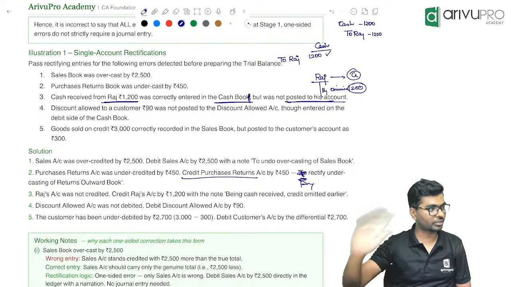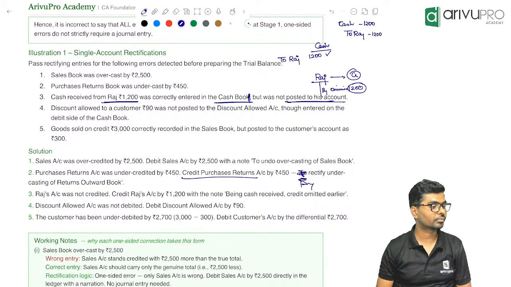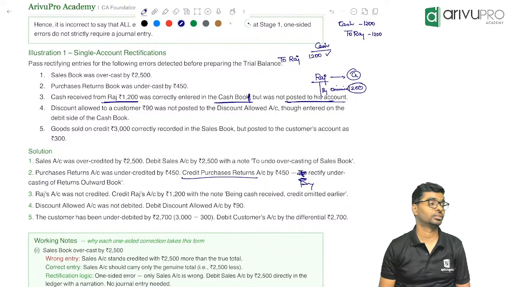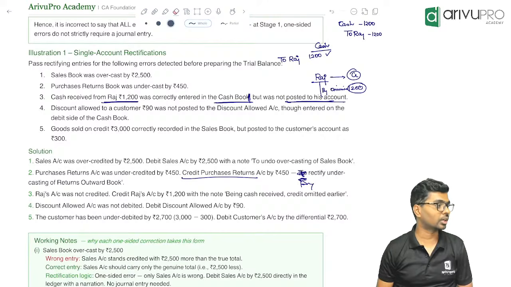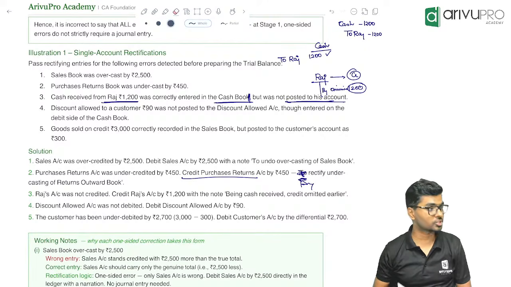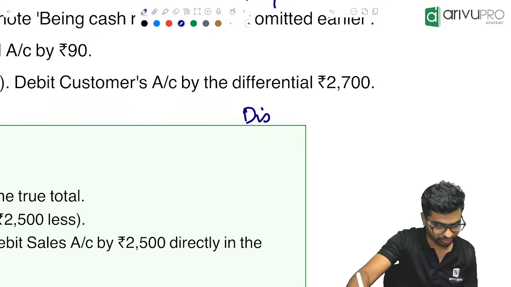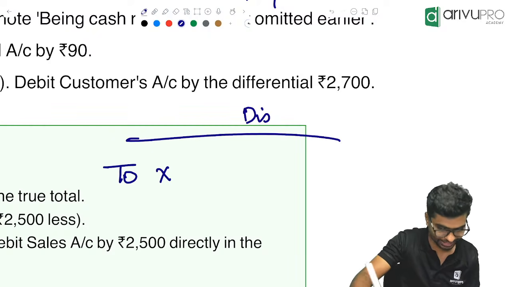Now, cash account, have you recorded it? He paid cash, so it could go to cash account also. If he has returned to X, write it to X account, right? Now, in the discount account, I should have written it as 2x.